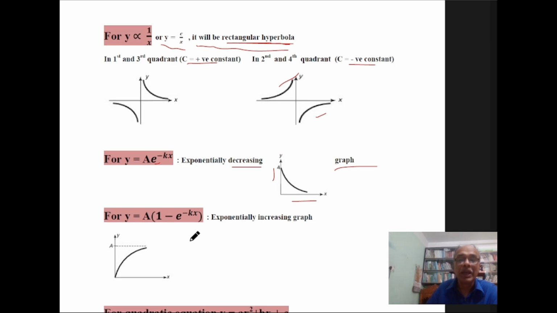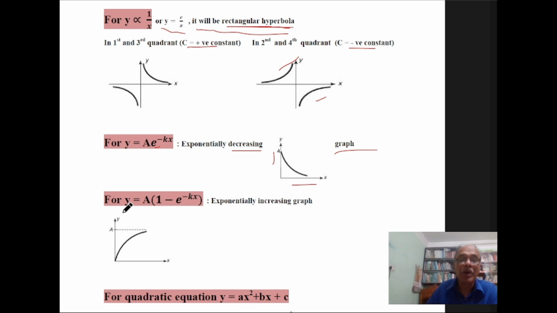Okay, and if y equals a into 1 minus e to the power minus kx, the maximum limit is a, and it is exponentially increasing. This type of graph is required for the analysis of charging and discharging of a capacitor, and also an inductor. Okay, so you remember this way.